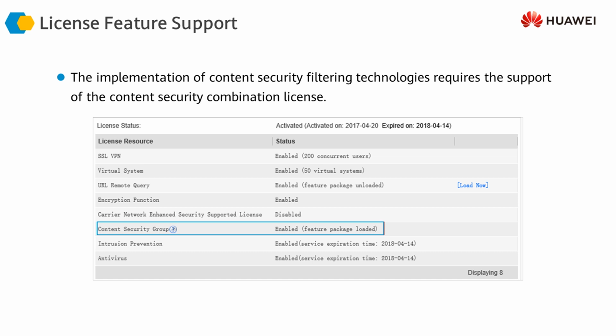So we need to make sure that the content security group license is loaded and enabled, because if it is not, then we cannot make use of these four security features on our firewall. So these are the basic concepts of these four security features: the file blocking feature, data filtering feature, mail filtering feature, and application behavior control feature.